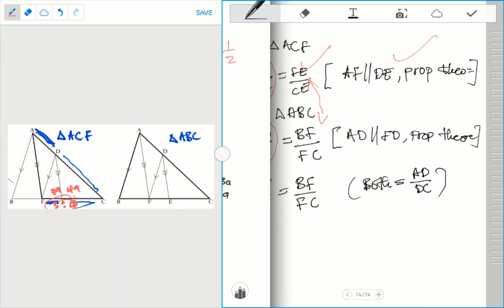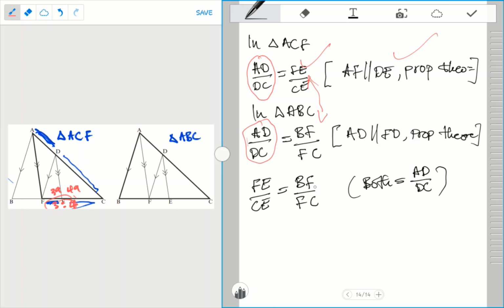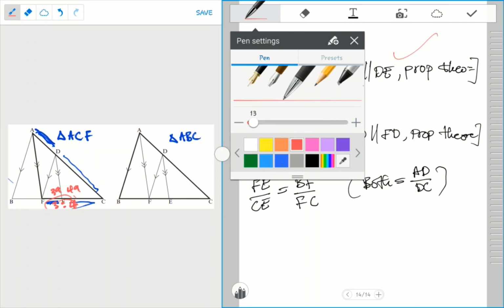Then now remember, we were given that, let me write it with the blue one this time.